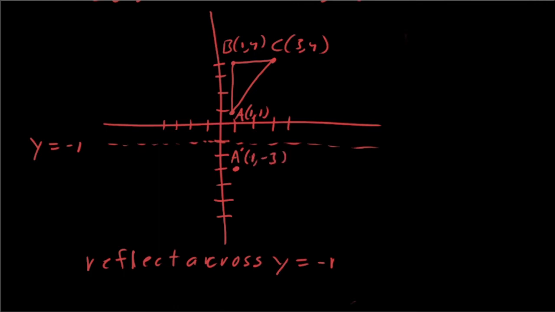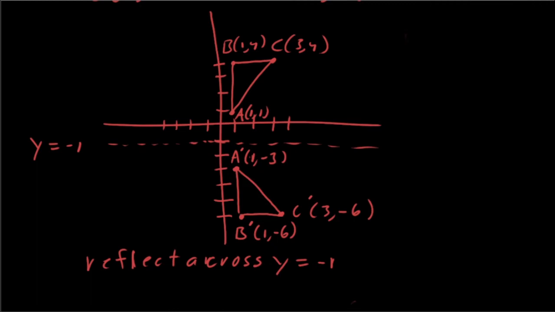B, so how much distance is covered? 1, 2, 3, 4, 5. So B prime is going to be 1 comma negative 6, right? And then C prime is going to be right here. C prime is going to be 3 comma negative 6, right? To get that reflection going.